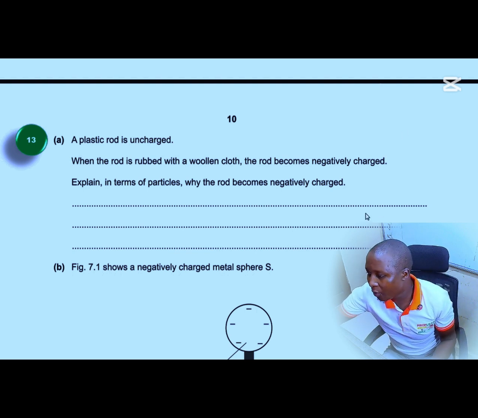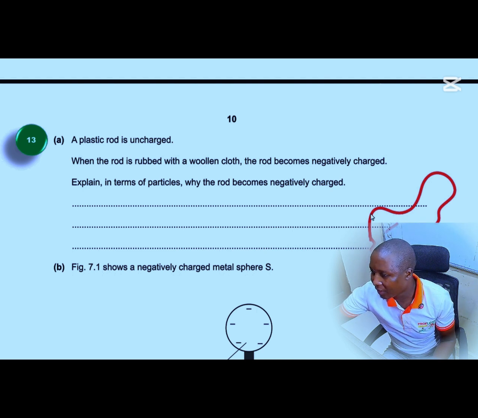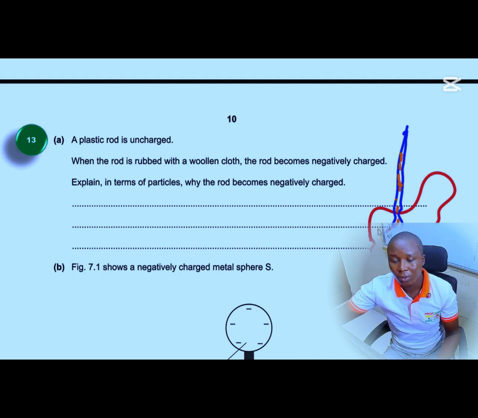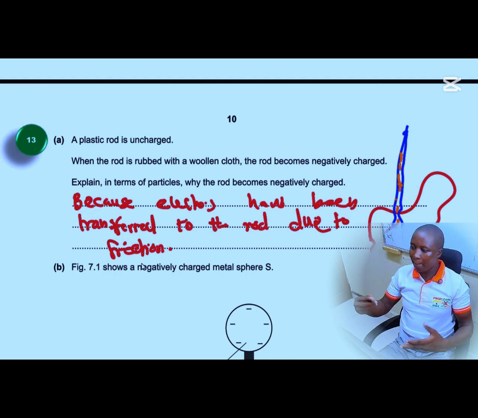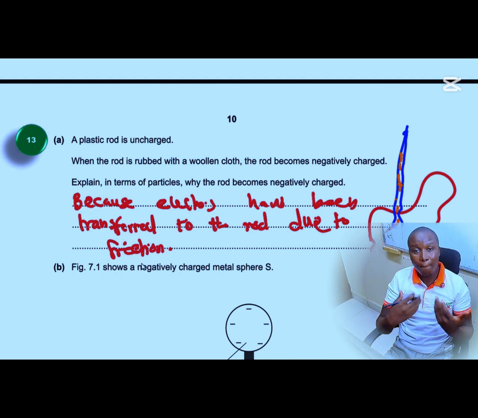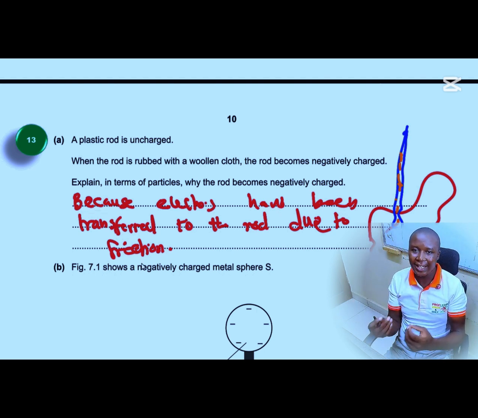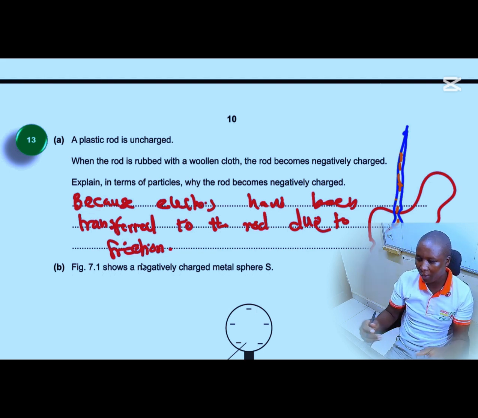So if we have a piece of cloth like this, which has positive and negative charges, and then a rod is rubbed on it, the electrons will be transferred due to friction. The piece of cloth is going to remain positively charged because electrons have been removed from it.